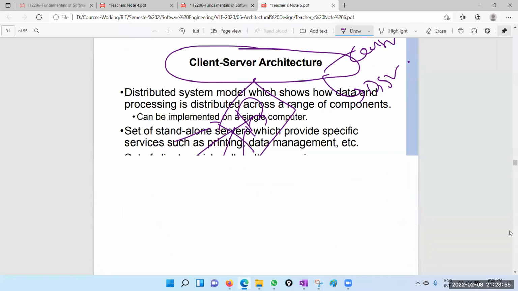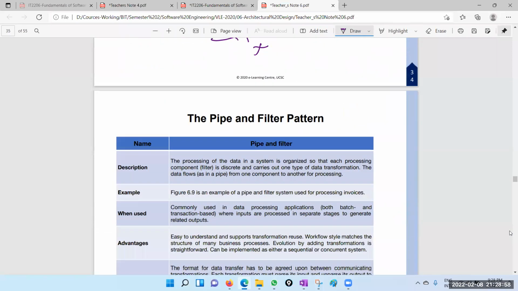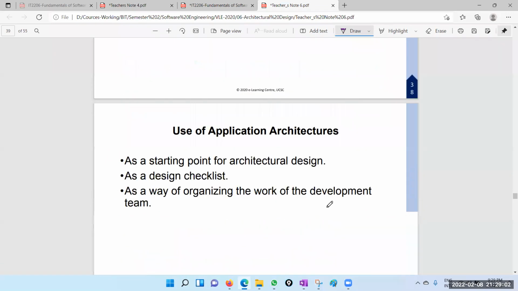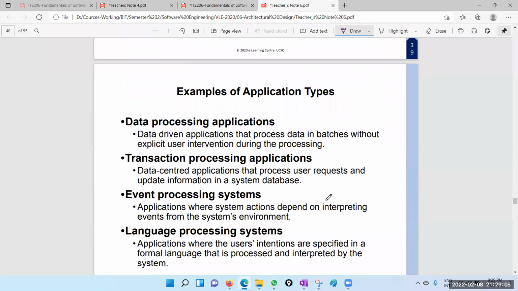Now what we are going to discuss is application architectures. They are somewhat lower-level architectures. These are just examples. If someone mentions these, they are application architectures, not the big architectures: data processing applications, transaction processing applications, event processing applications, language processing systems.